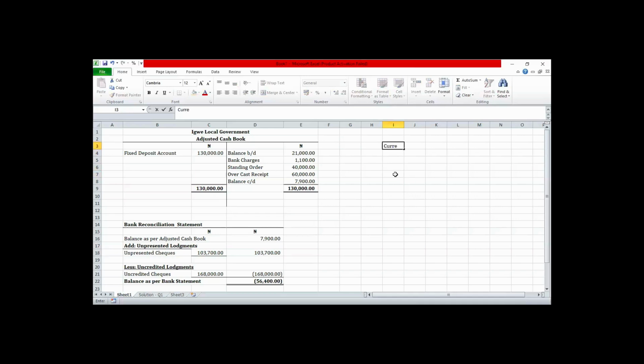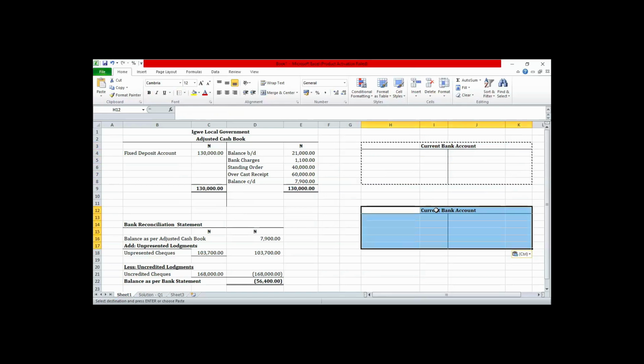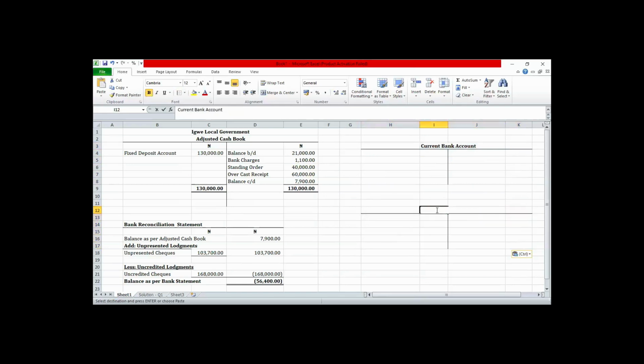But to see the correction that I've done there, this is your current bank account, and this is your fixed deposit account.